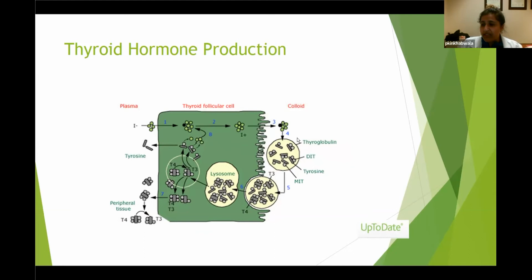The colloid is where the thyroid hormone is made and then transported out of the cell. So the colloid is where a majority of the work is done, and this is the part that tends to become most affected if there is any sort of inflammation or antibody activity by the thyroid and by the antibodies onto the thyroid. That's why we focus so much on this colloid when we talk about the thyroid gland.